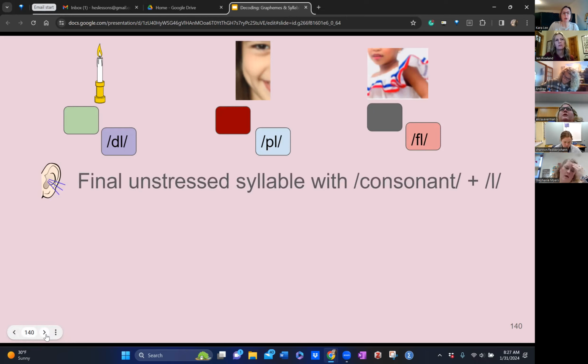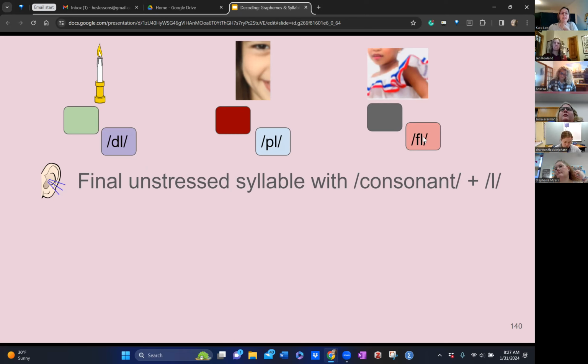What we're hearing in all of those words and that we're trying to visually show right here is a final unstressed syllable with a consonant sound. That's why you see the angle, I'm sorry, the slash brackets. The slash brackets around the word consonant means it's a consonant sound, and followed by an ul sound, right? So we hear dull, pull, full.